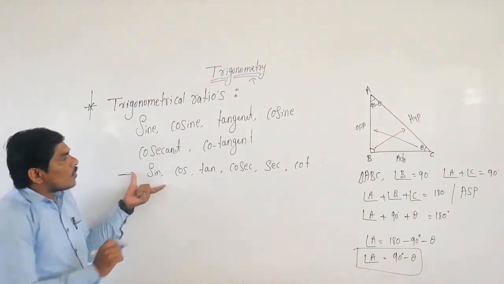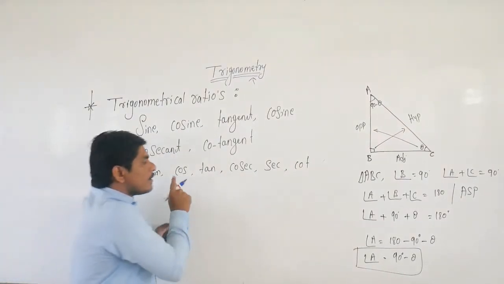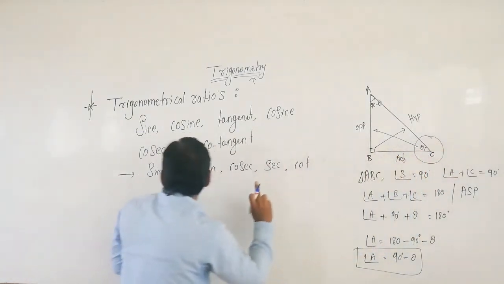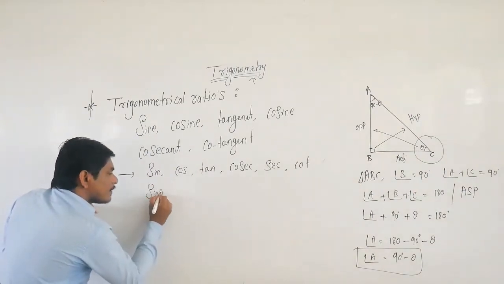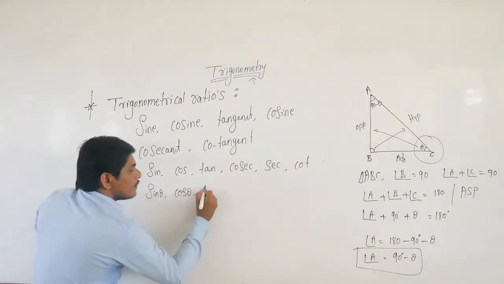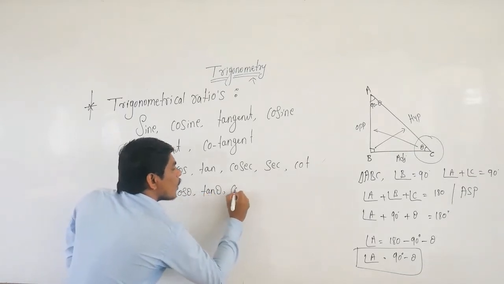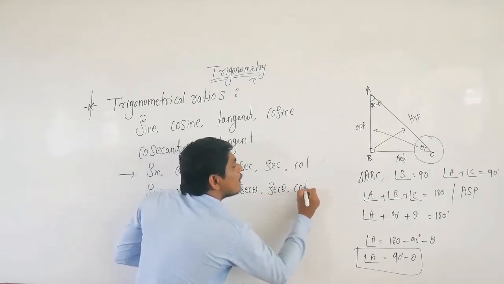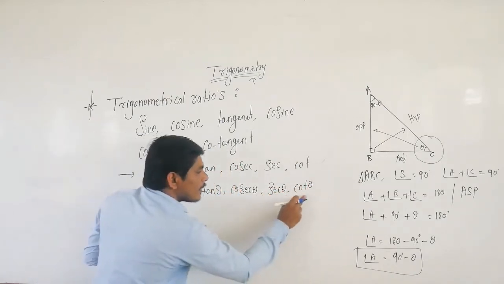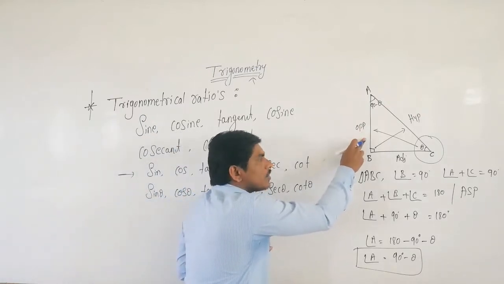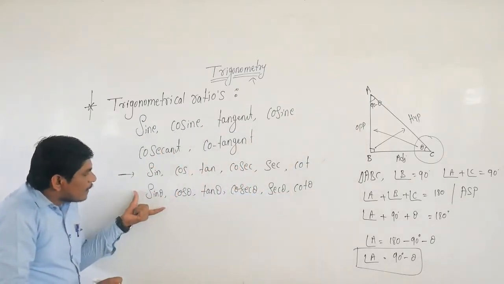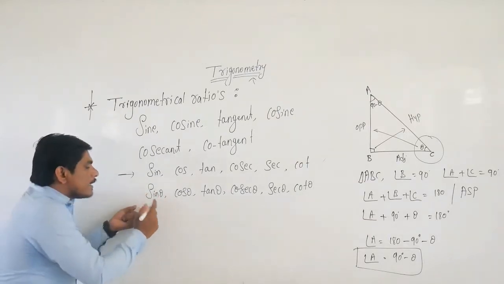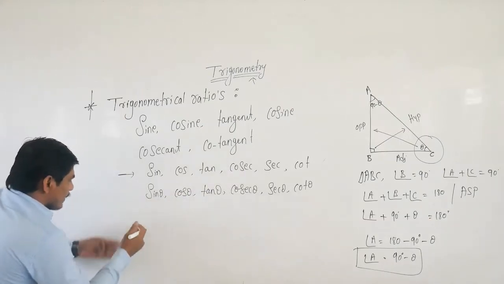Now these are the short forms of the trigonometrical ratios, and we are taking the relation with theta: sin theta, cos theta, tan theta, cosec theta, sec theta, cot theta. Now these are the trigonometrical ratios related to the right angle triangle. These definitions are formed when we are taking a relation with theta. Now one by one we are studying here.